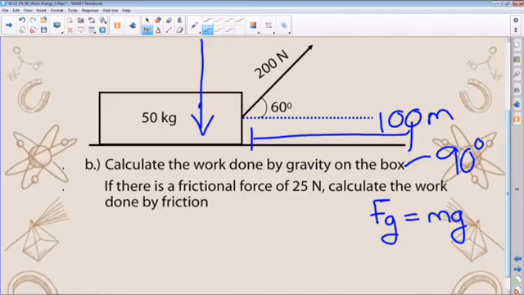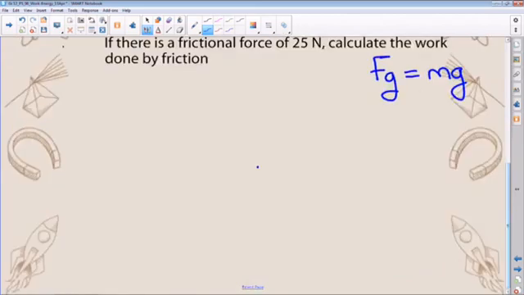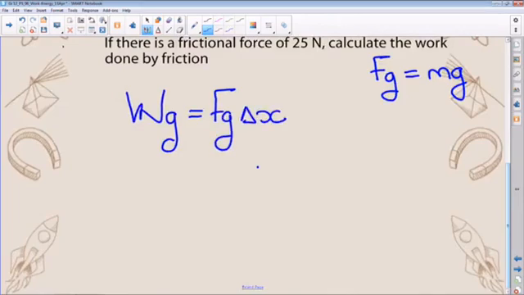We know this. So when I do work done by gravity, this is where your subscripts are so important. Work done by gravity is going to be the force of gravity times the distance it moves times cos theta. Now, we're going to have to work out mg, and you can write it as another equation.